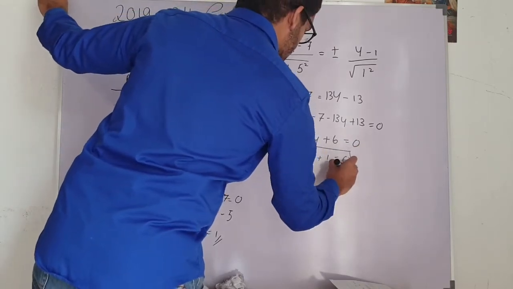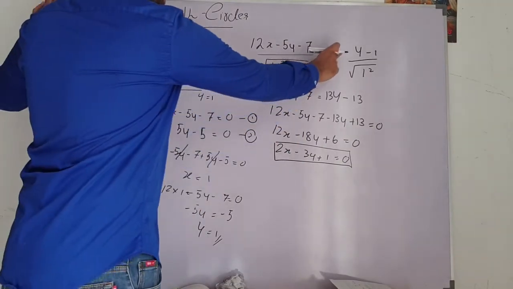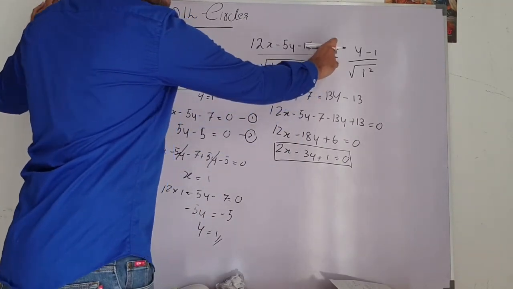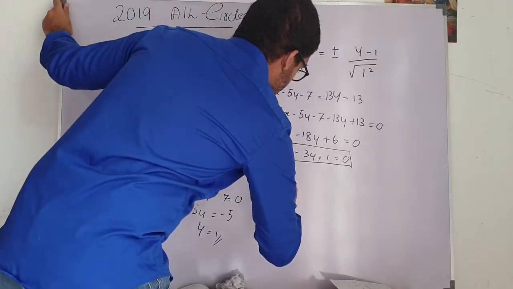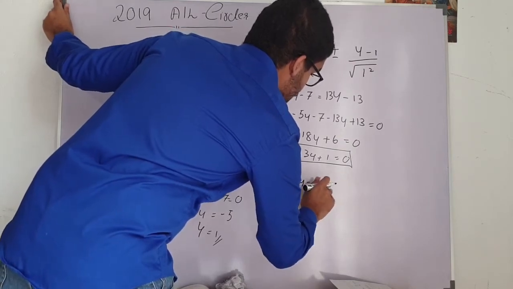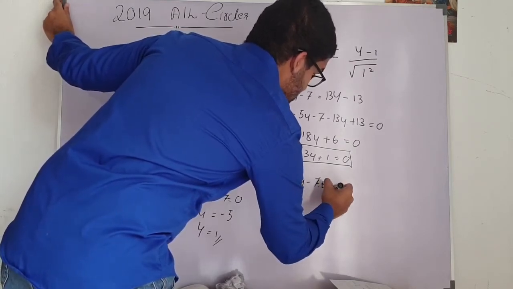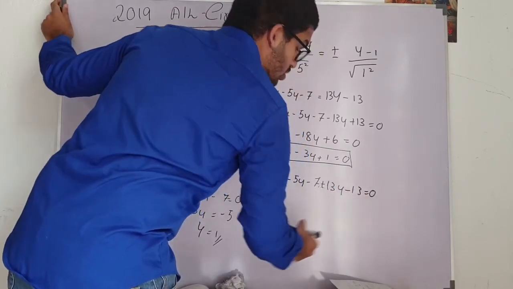This is one equation, and we should also obtain another equation because there is positive and negative here. We should also get the answer for the negative. So 12x minus 5y minus 7 minus positive 13y minus 13 equals 0.